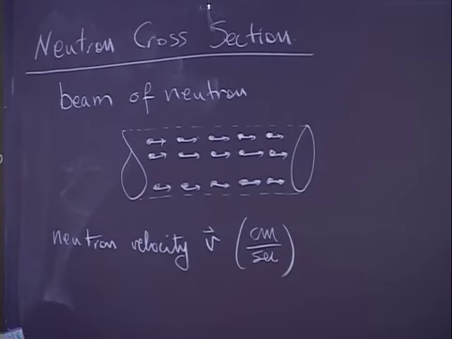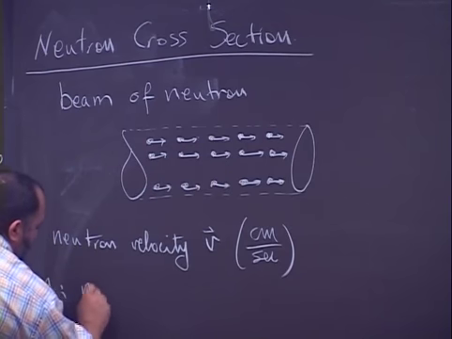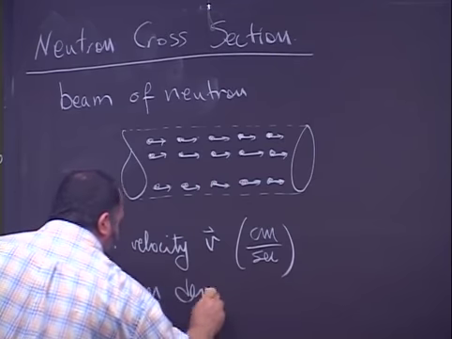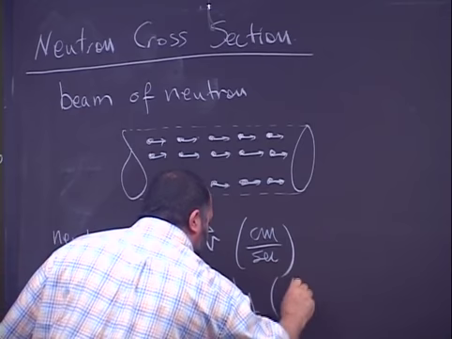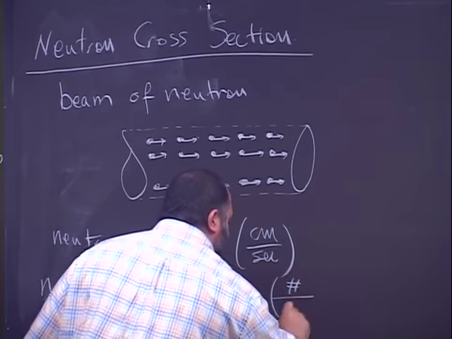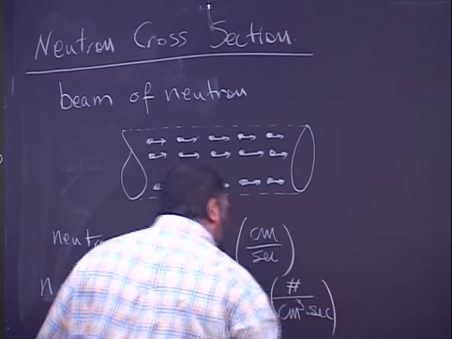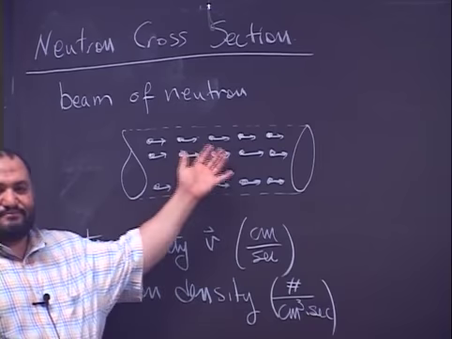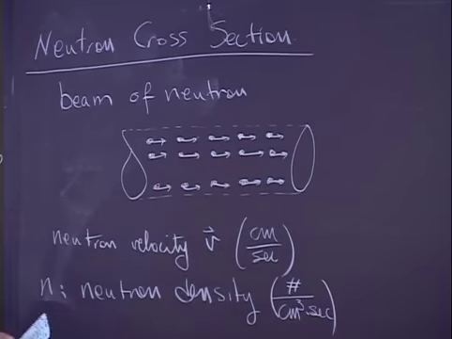And let's assume that the neutron density is n. What do we mean by neutron density? It is the number of neutrons per centimeter cube. Let's assume I have a handful of neutrons per centimeter cube in this imaginary cylinder.